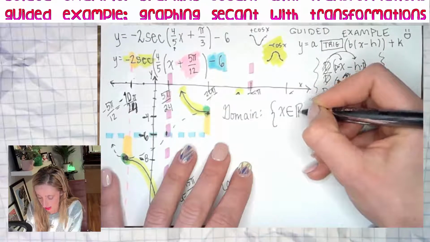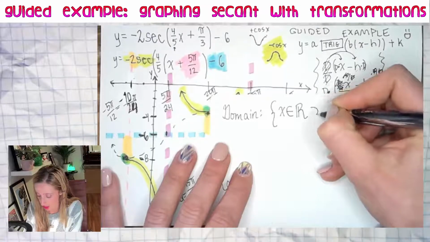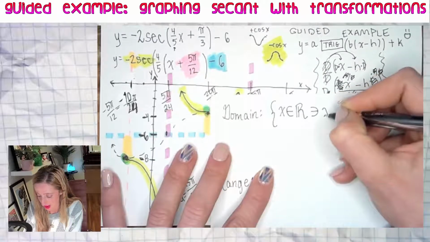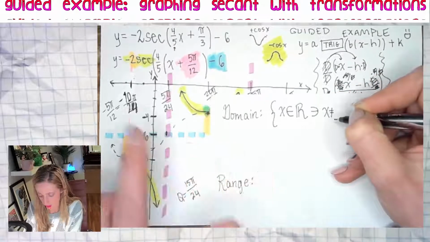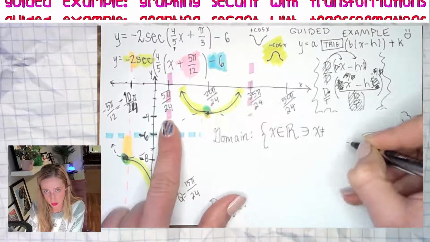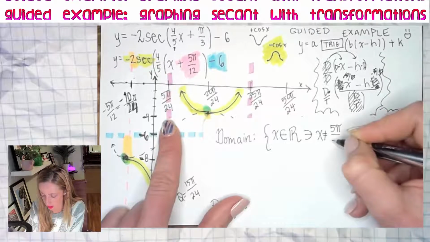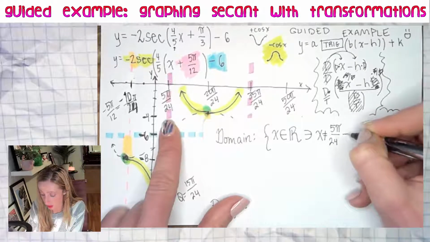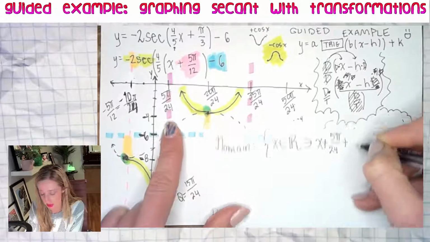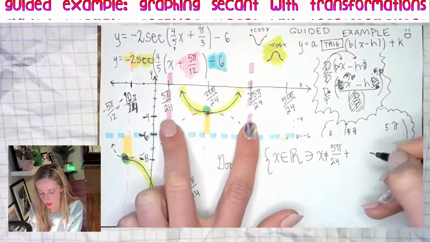Right, the domain is going to be the set where x is an element in the set of real numbers such that x cannot equal the first asymptote, which was 5 pi over 24, and really you don't have to pick the first one, plus how much space is between our asymptotes.